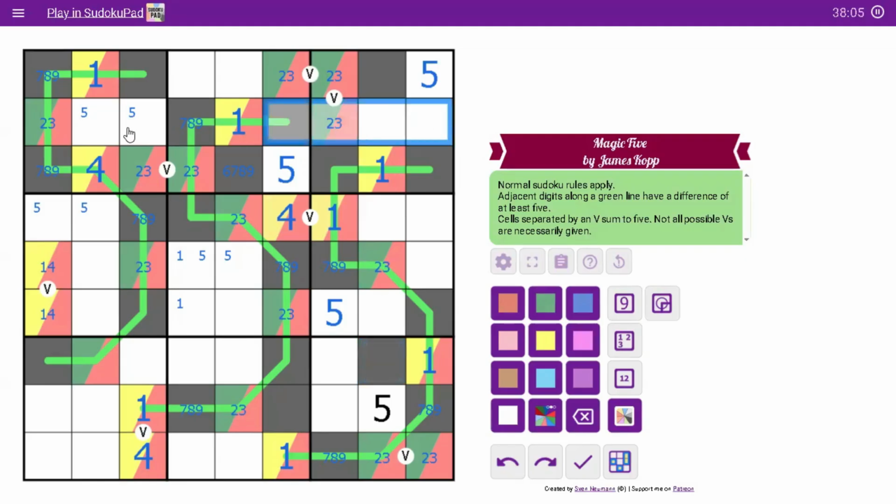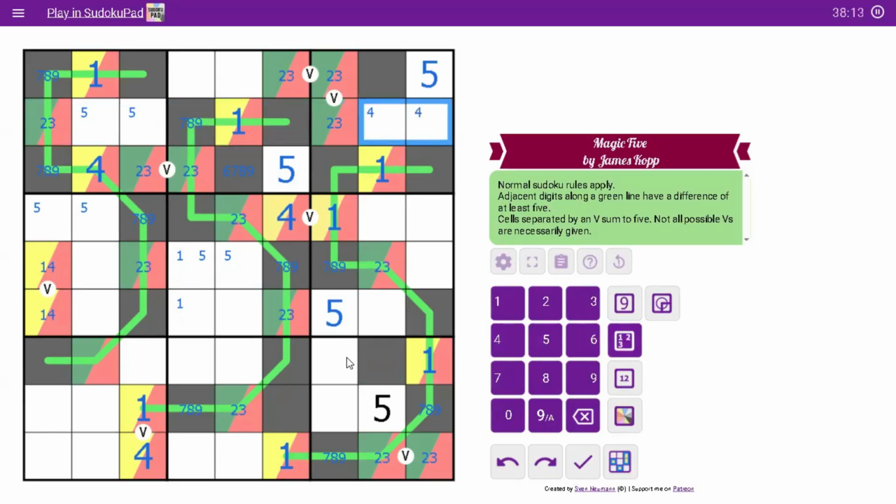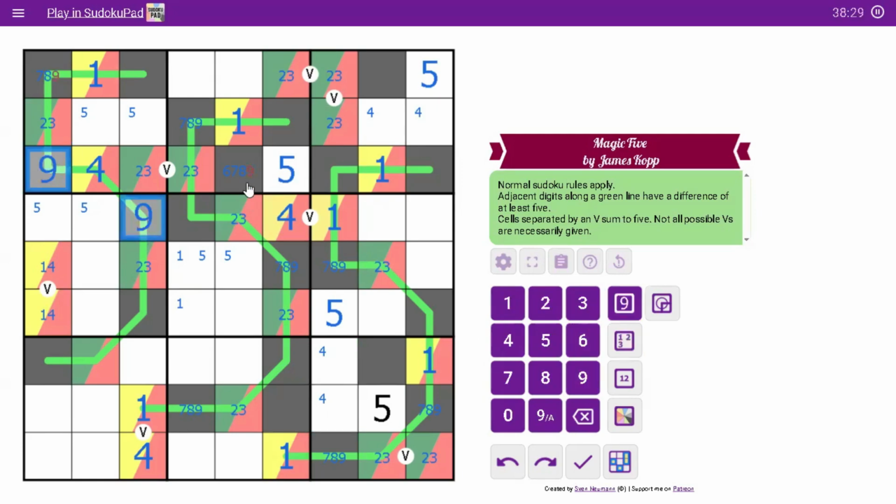Where does the four go here? Oh, it can't go in any of these. So it does go in one of those. The four also goes in one of these. Okay, and that's perfect because the four here makes these a double nine.